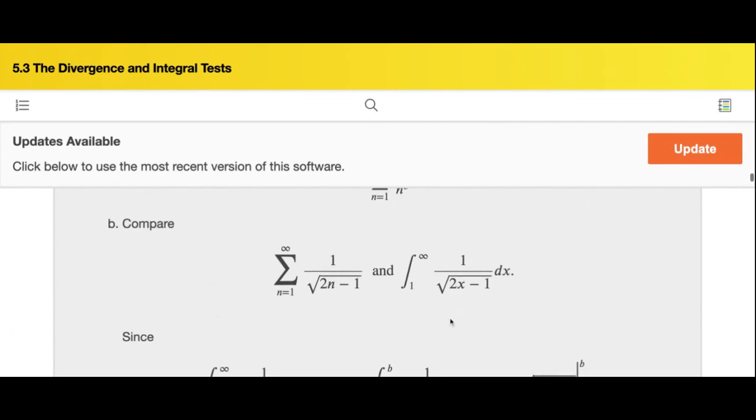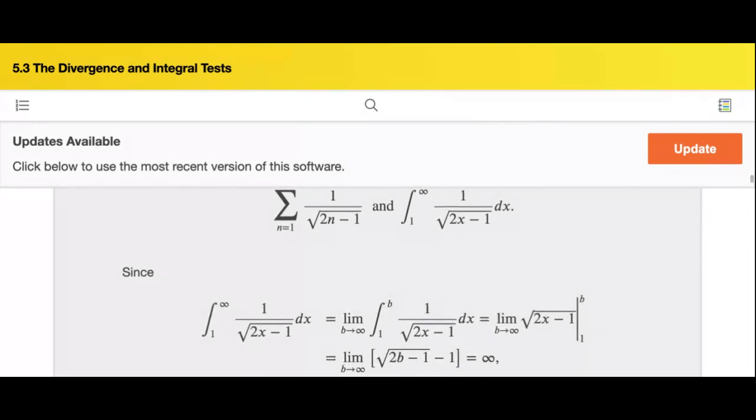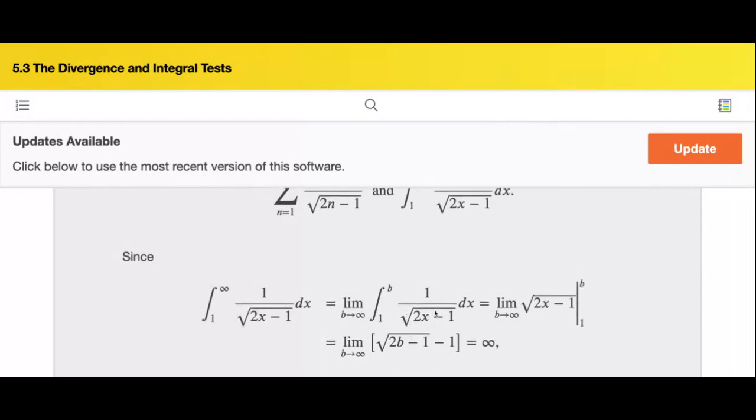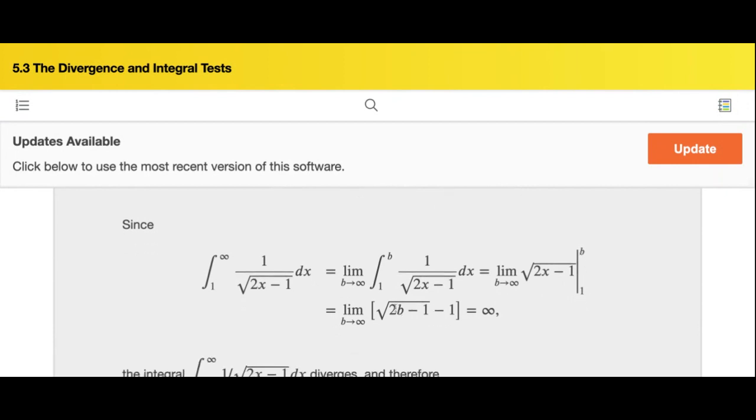Let's see the second one. The second one we can compare with the integral from 1 to infinity of 1 over square root of 2x minus 1. We can use u substitution. We do the same thing, right? We anti-differentiate this, so we get the limit of square root of 2x minus 1, evaluated from 1 to b. When we do that, we get square root of 2b minus 1, minus 1.